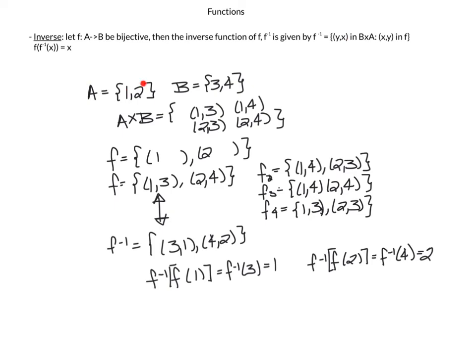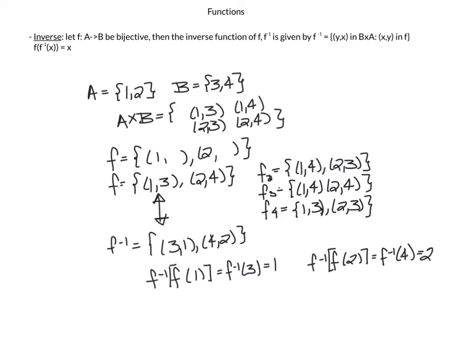Let's say A is equal to {1, 2}, and B is equal to {3, 4}. A cross B are all the possible ordered pairs where you take an element of A as the first element of the ordered pair. So here I take 1 to be the first of the ordered pair, and I combine it with every element in B. Here I take 2 as the first of an ordered pair, and I combine it with every element in B. And now a function is just any subset of A cross B, but it only has 1 appearing once as the first element of an ordered pair in my function, and 2 appears once as the first element.